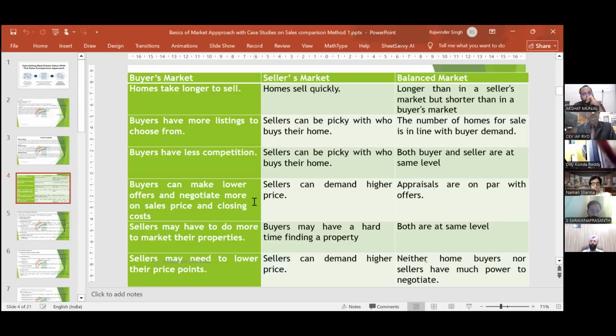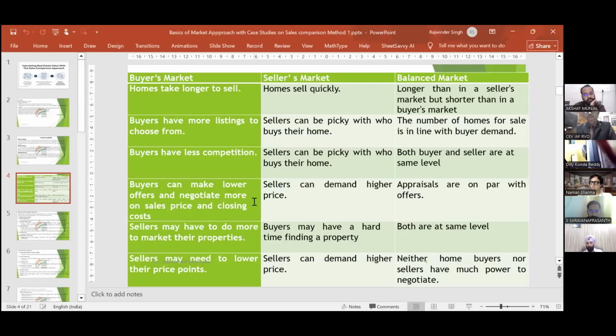So sometimes you may get a question on it. You will be getting four options, of which you have to select the correct one. So you must know these differences, these conditions of different markets.